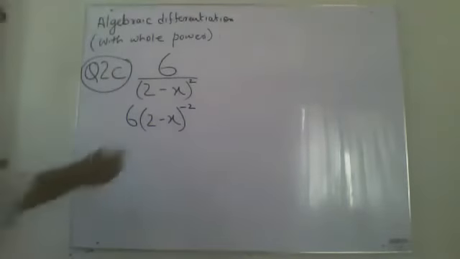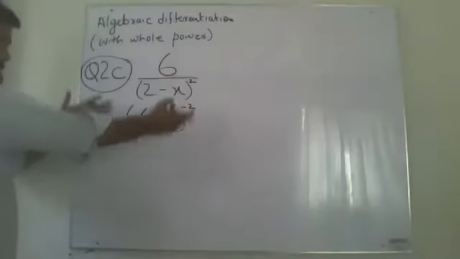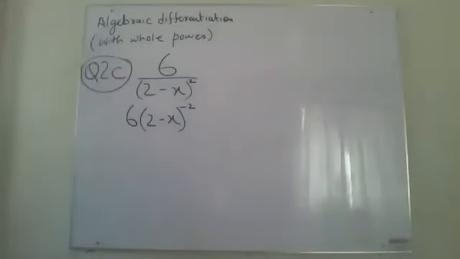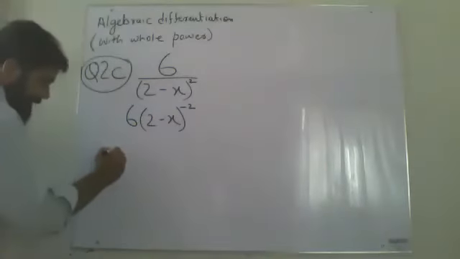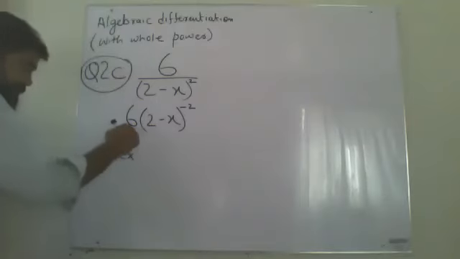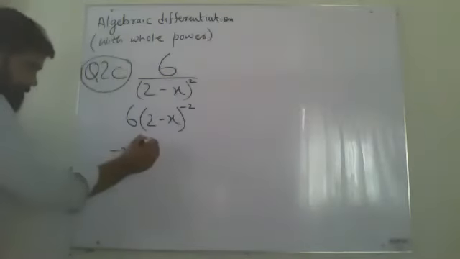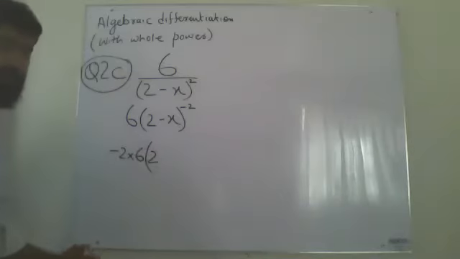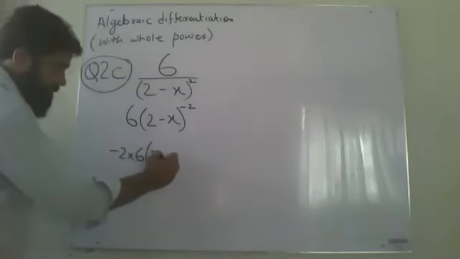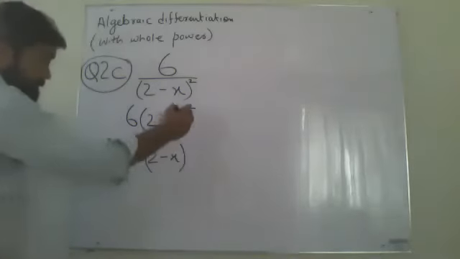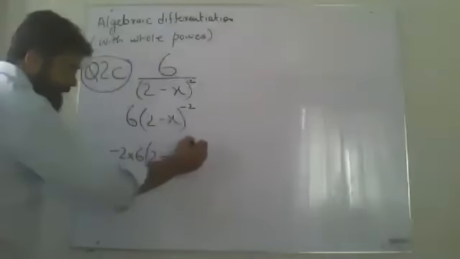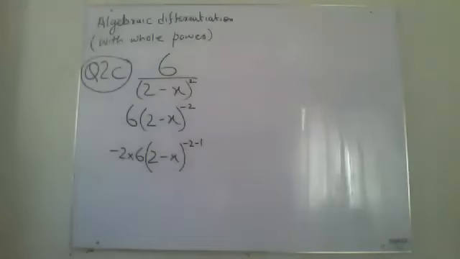Right. So first I have simplified. My second step is power minus 2 multiplied by 6. So minus 2 multiplied by the coefficient of bracket, right? 2 minus x, power of bracket is reduced by 1.